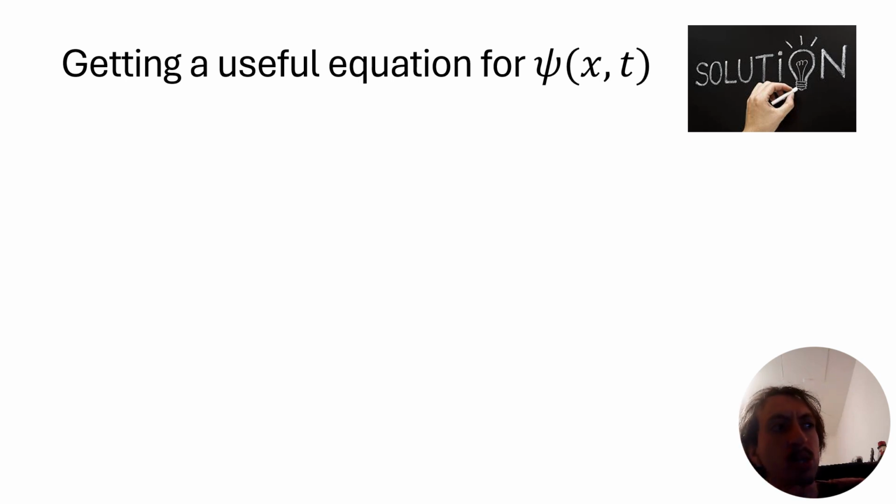And so to do that, what we're going to do is take Schrödinger's equation and get a more useful differential equation for the wave function. And by more useful, I mean we'll be able to make an analogy, a comparison between our new quantum mechanical equation for the wave function and an equation in classical physics you're probably very familiar with.